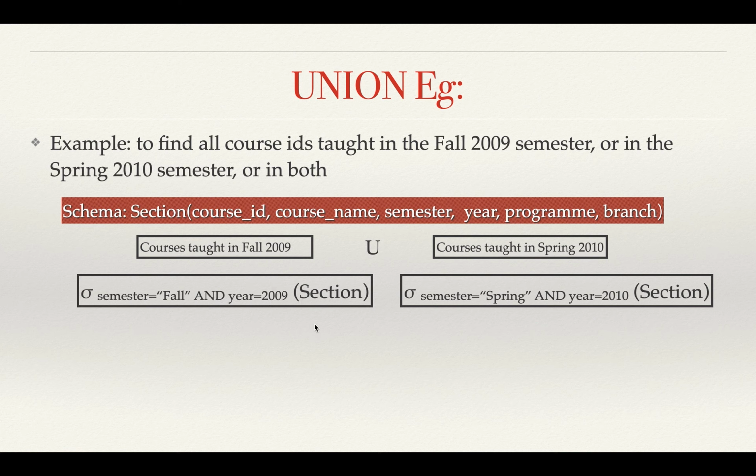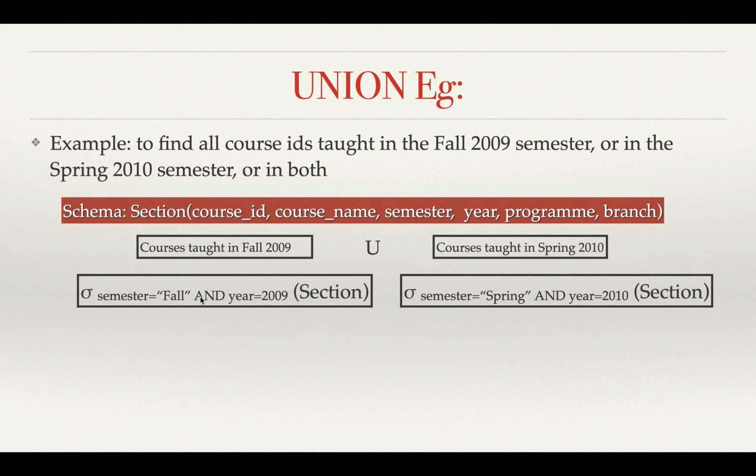So of this you are getting all the courses that are offered in the fall semester in the year 2009. Similarly here semester is spring and year is 2010. Okay, hope this is clear up to this.